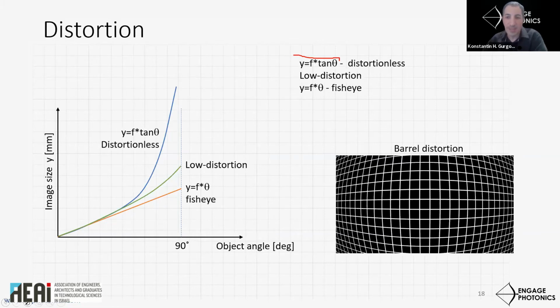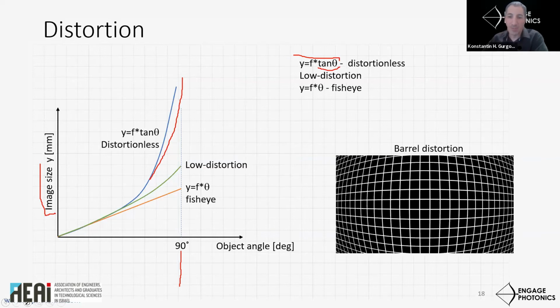However, in some cases, distortion is unavoidable. For instance, if I want to have a camera with a 180-degree field of view, and there are such cameras, for a distortionless camera, the image sensor size would be infinite. You can see it here. For a 90-degree angle, the tangent theta is infinity, and you would need an infinite image sensor to accommodate this kind of field of view.